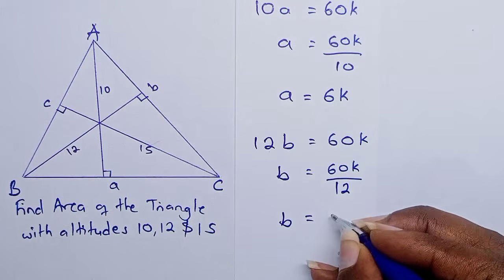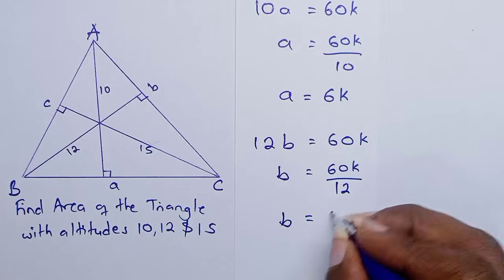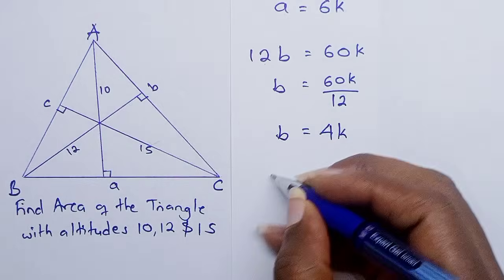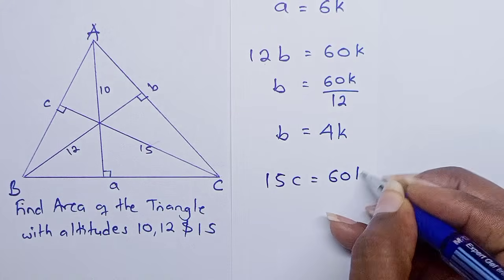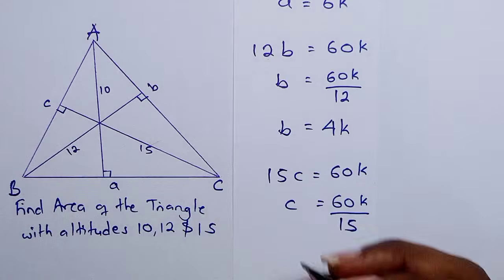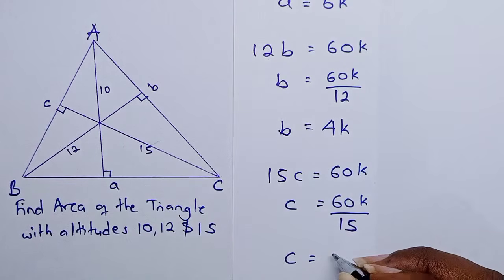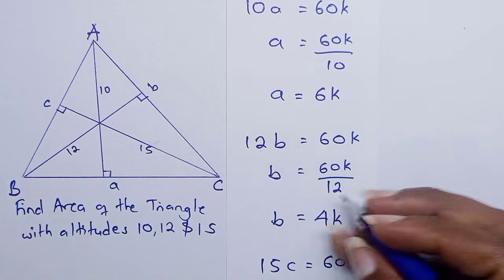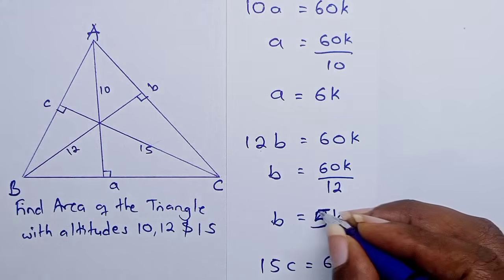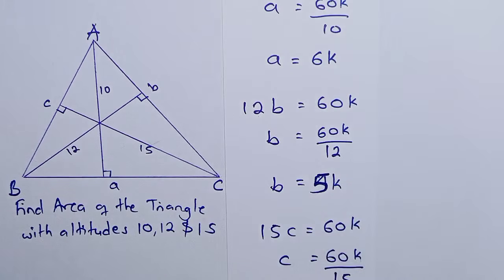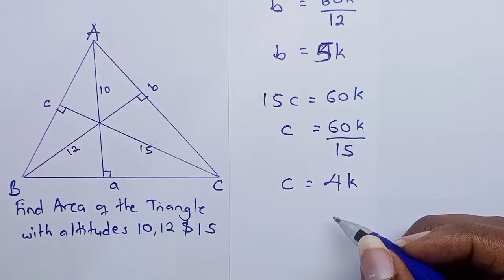Then 15c equals 60K, so c equals 60K over 15. Sorry, 60 by 12 is 5, not 4, so b is 5K. So a is 6K, b is 5K, and c is 4K.